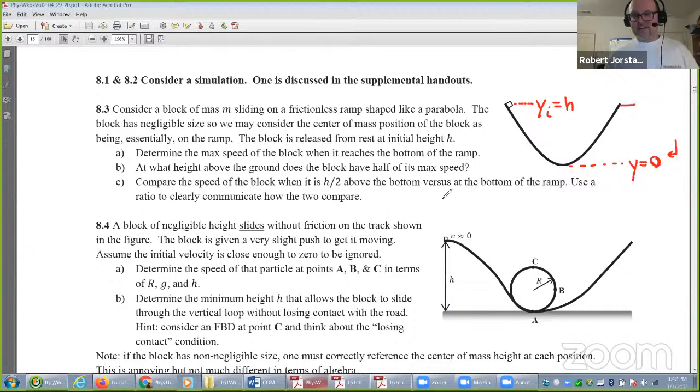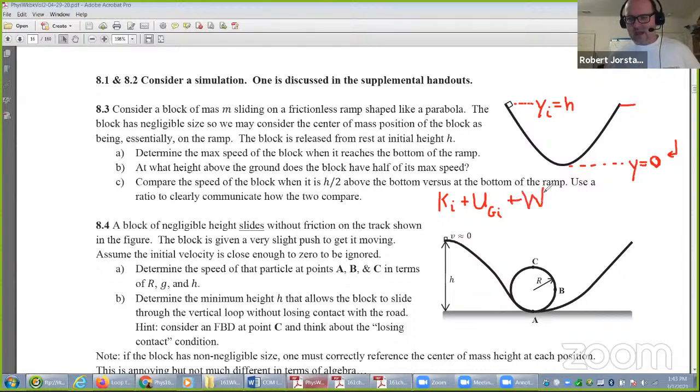Next, we could write down our equation. We've got K initial plus U due to gravity initial. Do you see any springs in this problem? No. I'm not even going to write the spring energy because we don't have any springs. Okay, there could be work done.